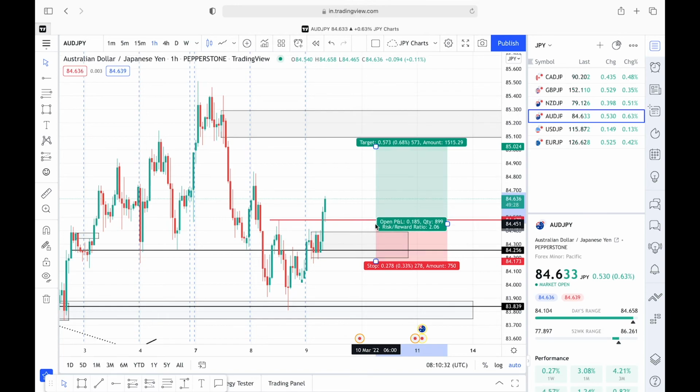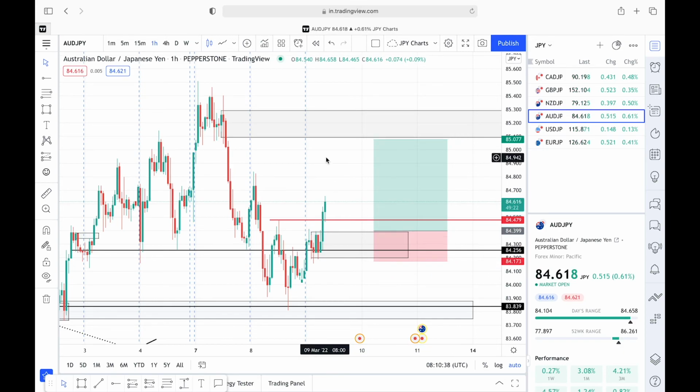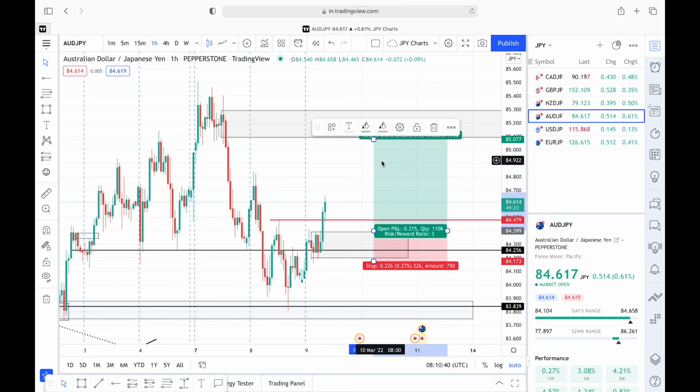I will place my stop loss here, entry here. So we're risking 22 pips to make 67 pips. My risk to reward ratio is 1:3. That's excellent. So far so good.